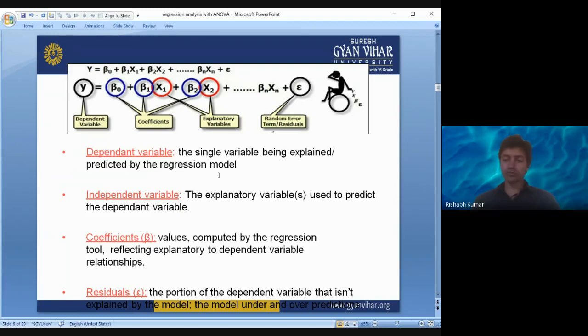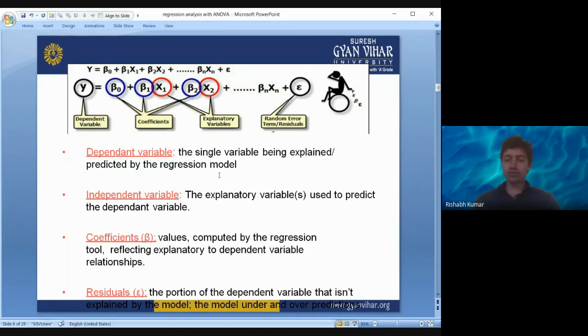In this specific case, as the height of a person increases, weight also increases mostly. So it will give you a straight line, right?